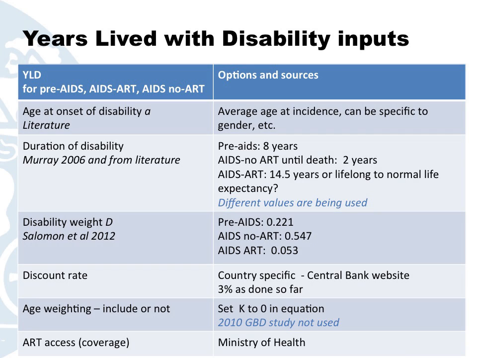Pre-AIDS, you can use 8 years. I have also used 3 years, depending on your CD4 threshold cutoff at which people will have access to ART. In the absence of ART, once AIDS sets in, traditionally 2 years was used.